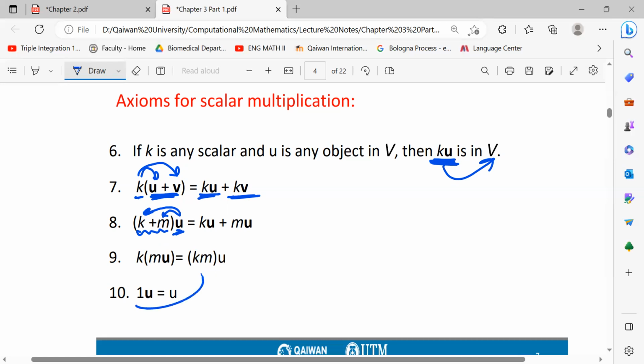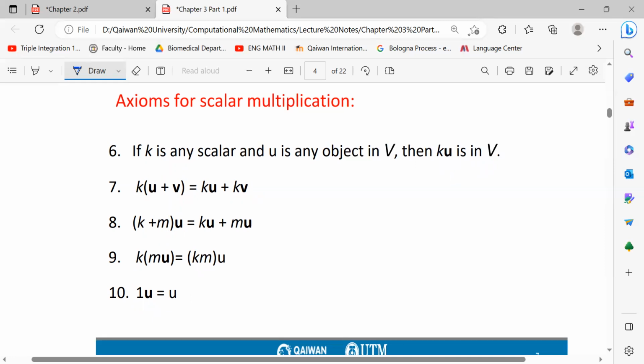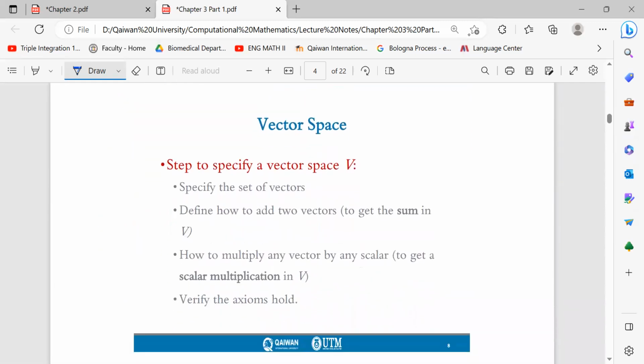And we must have identity with respect to multiplication. As you see, 1 multiplying u is u. That means 1 is identity with respect to multiplication. So if a space satisfies these 10 conditions, we say the space is a vector space.